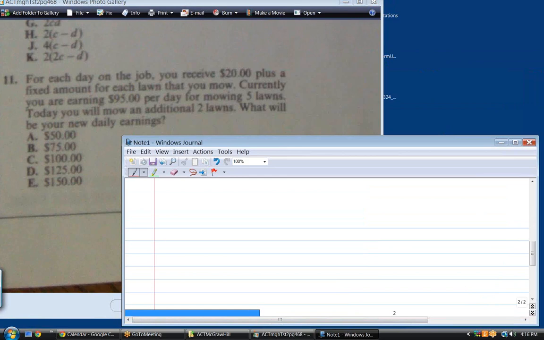Can you read that one, number 11? This one also has a shortcut.